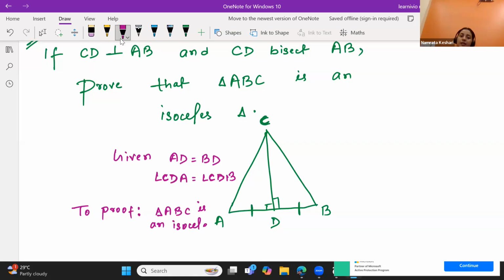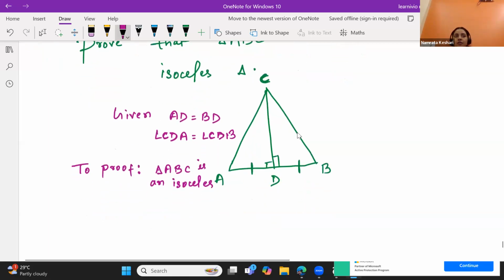Which two triangles can be taken? If we prove which two triangles congruent, then by CPCT we will be able to say that ABC is an isosceles? Think about it and let me know.